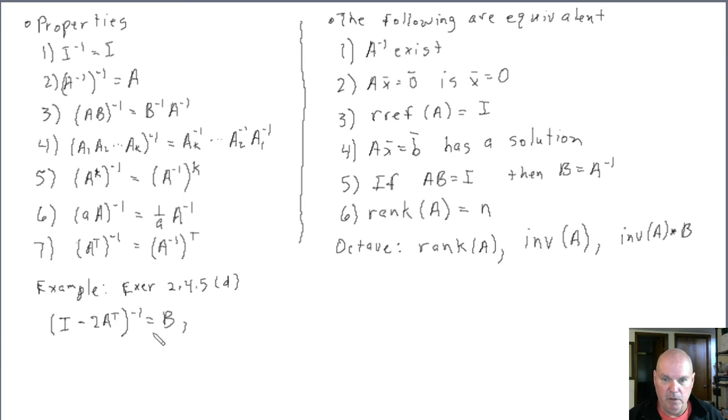I'm going to assume that B inverse exists here, and so the first step in solving for A is to undo the operations. So I'm going to take the inverse of both sides. Of course, the inverse of an inverse is the original matrix.